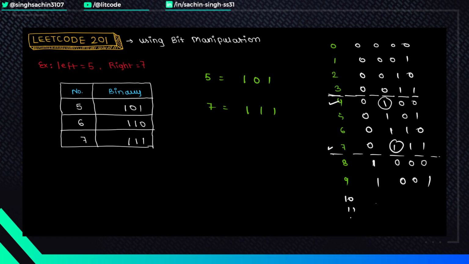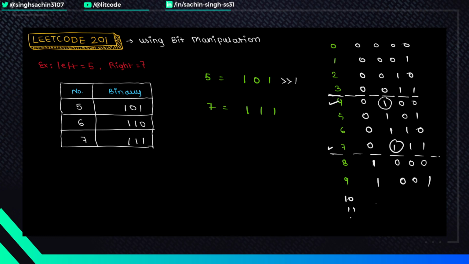We will check if these two binaries are equal or not. If they are equal, then we have found the common prefix. But if not, then I'll right shift my values.